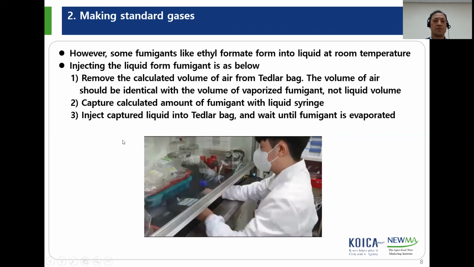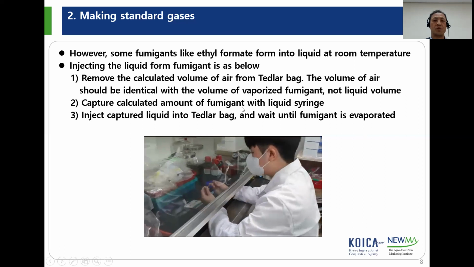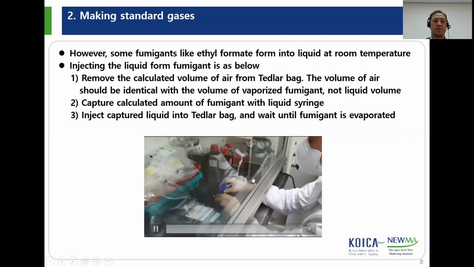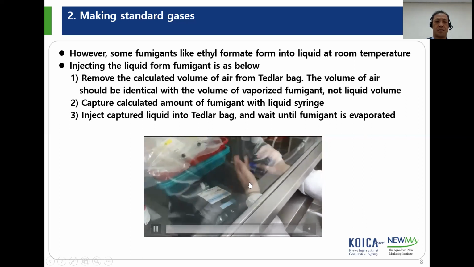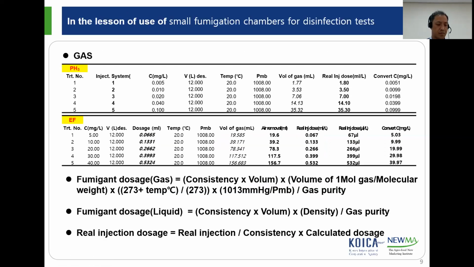And then calculate the amount of fumigant with the liquid syringe. You can calculate the volume of liquid ethyl formate like this, by dividing the dosage by the density of liquid ethyl formate.